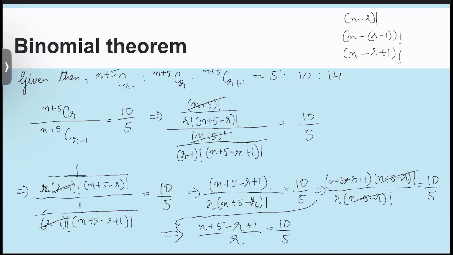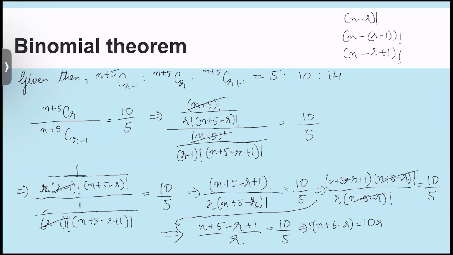Okay, so if you now simplify it, you get n plus 6 minus r upon r equals 10 by 5, that is 5 times n plus 6 minus r equals 10r. So this will actually give you n is equal to 3r minus 6. Okay, so let's take this as your first statement.